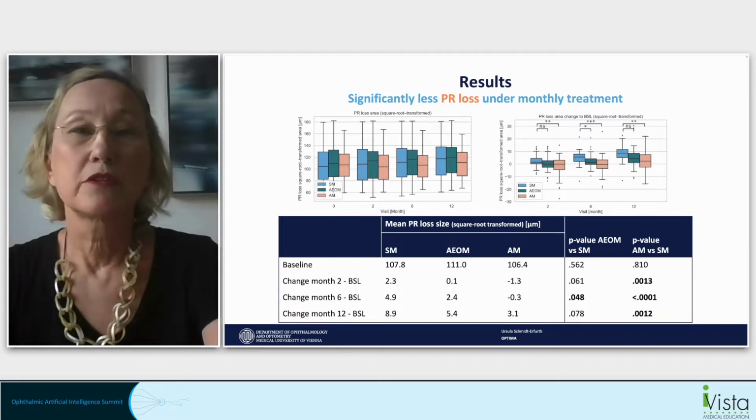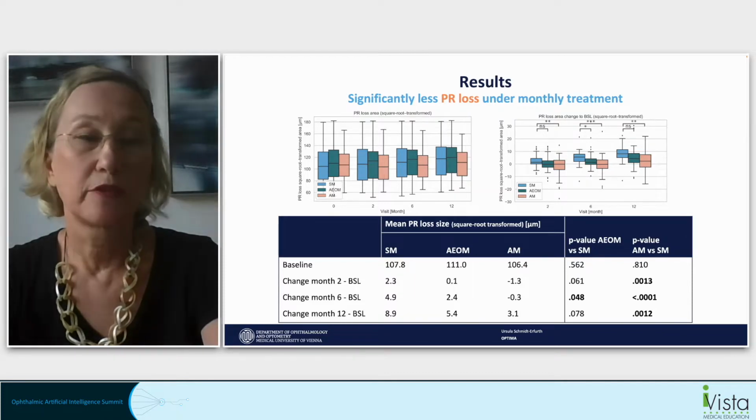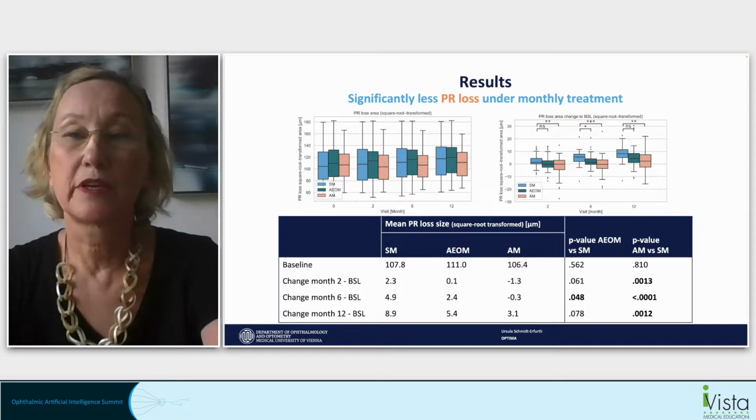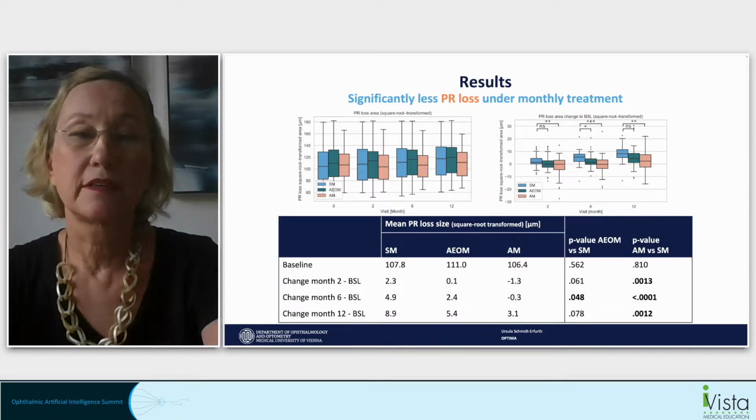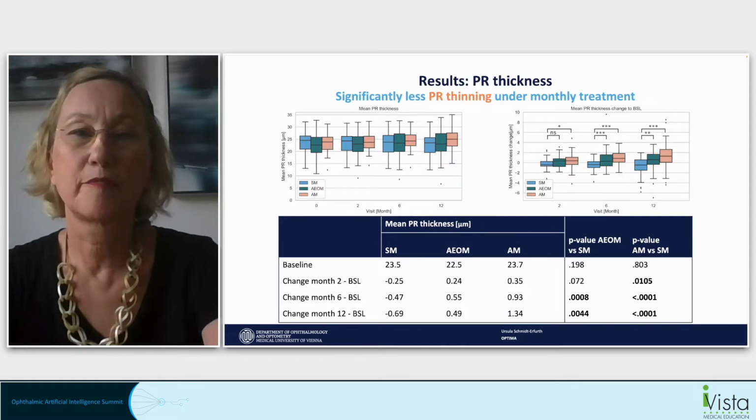We could also see that there was significantly less photoreceptor loss, and here come the numbers so that you know that this is highly statistically significant, and that it allows a calculation of the photoreceptor loss area at the level of micrometers.